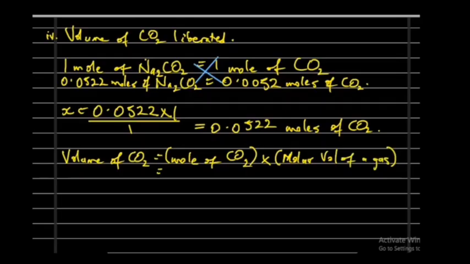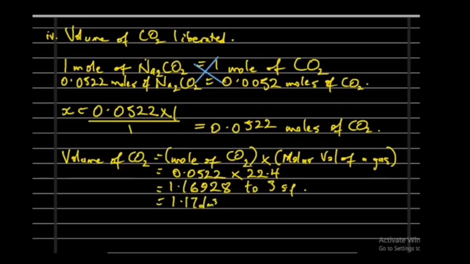So the mole of carbon dioxide is 0.0522 multiplied by the molar volume of a gas, which is 22.4 dm cube. This is going to give us 1.16928. So to three significant figures, it gives us 1.17 dm cube. So this is the final answer for that particular question.